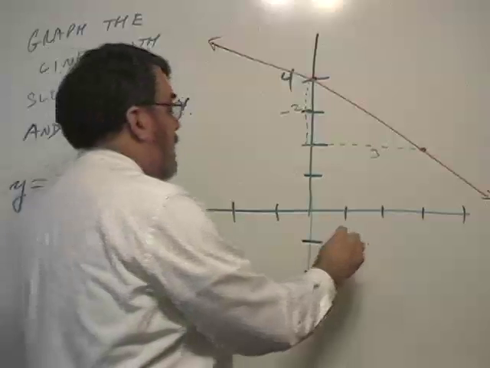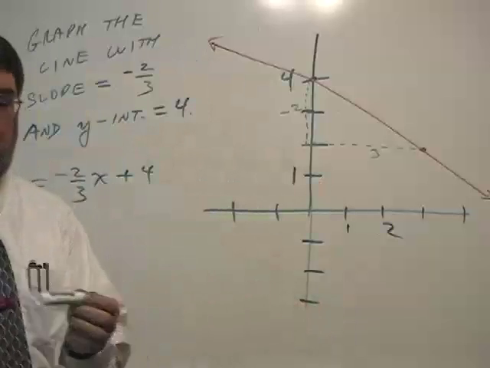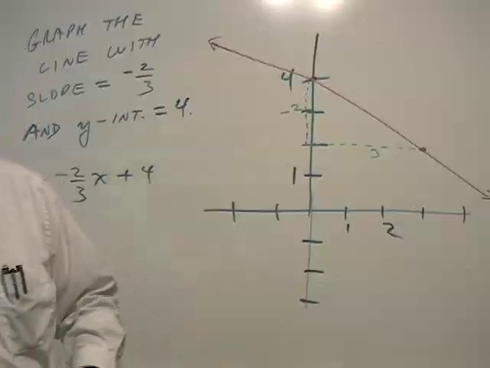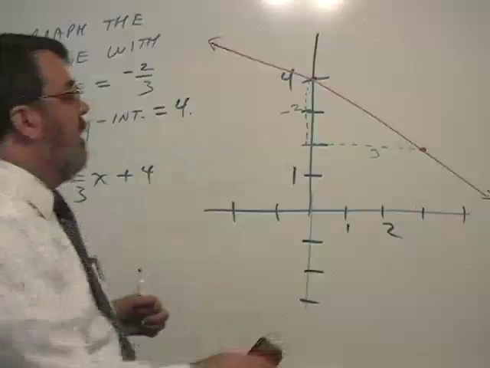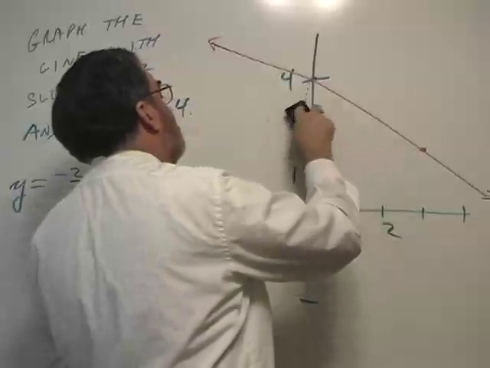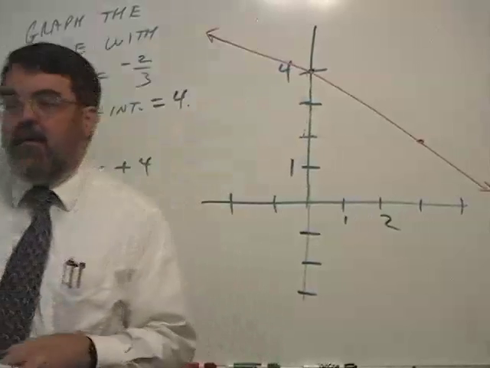Again, we want a couple extra numbers on there so anyone could read the scale. I'm going to erase this now so it's a little cleaner. Okay, there's our equation of the line.